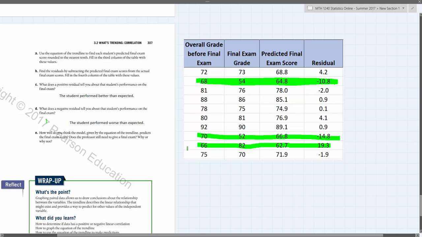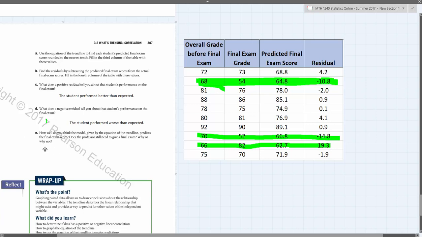So I would say there's data to suggest that we should still give the final exam, because we still have students that maybe didn't try hard in the term, or maybe something finally clicked and suddenly they're doing much better on the final exam. That's something I might say.